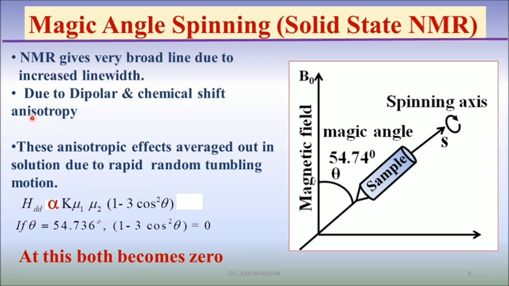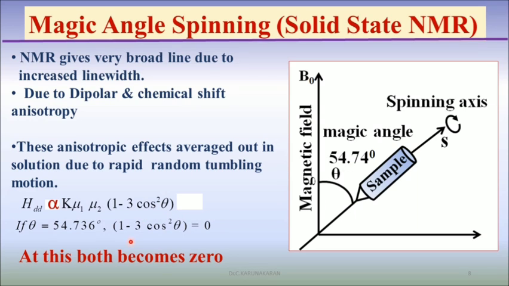However, in the solid state, these effects are very significant. The sample is rotated about an axis that makes an angle theta equal to 54.74 degrees with the external applied magnetic field. The dipolar and chemical shift anisotropy is directly proportional to 1 minus 3 cos squared theta.